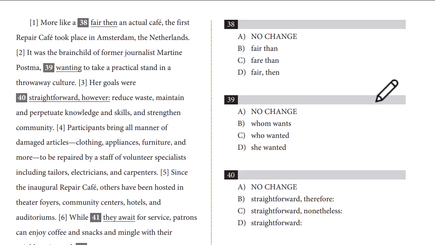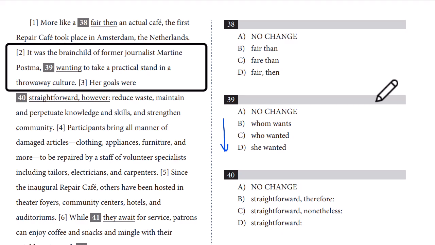39, who, whom, she. Okay, so we've got a pronoun issue, and probably some differentiation between a subject pronoun, who, and the object pronoun, whom. So let's take a look at exactly what's going on here. It was the brainchild of former journalist Martine Postma, blank, to take a practical stand in a throwaway culture.